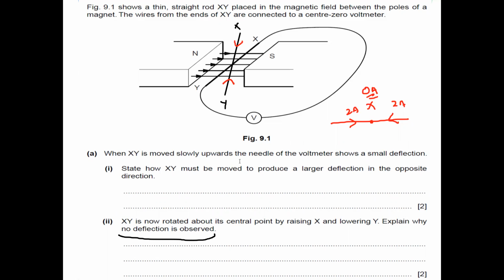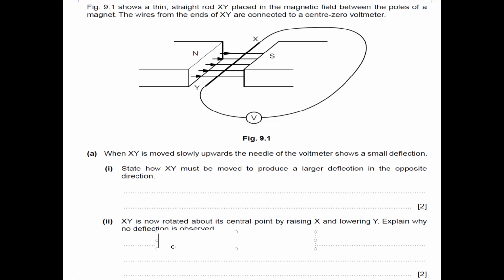So the answer for the last part: when X is moving up and Y is moving down, why is there no induced current, or why is there no deflection?